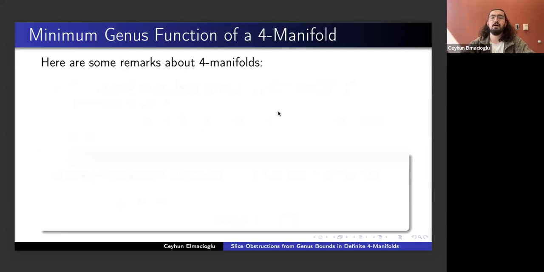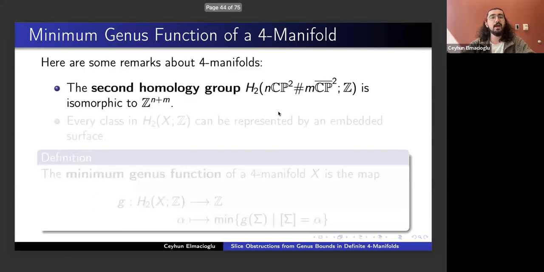Okay, so having these basic tools from four manifolds, we want to use some notions related to four manifolds, and the one that we're going to use today is called the minimum genus function of a four manifold. First, I need to recall some facts. So first of all, if you know what homology is, great.